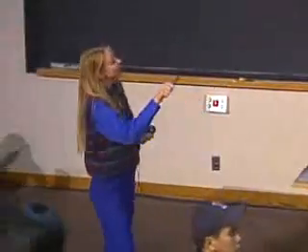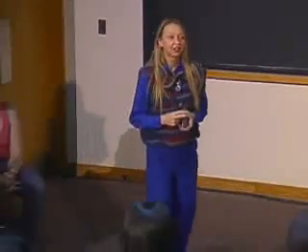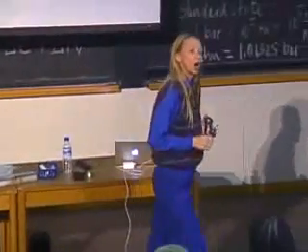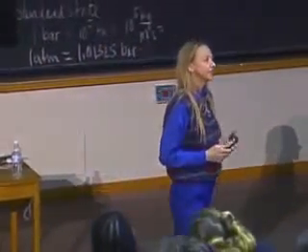What's delta S here? Delta S is the change in entropy. What's entropy? Entropy is a measure of the disorder in a system.